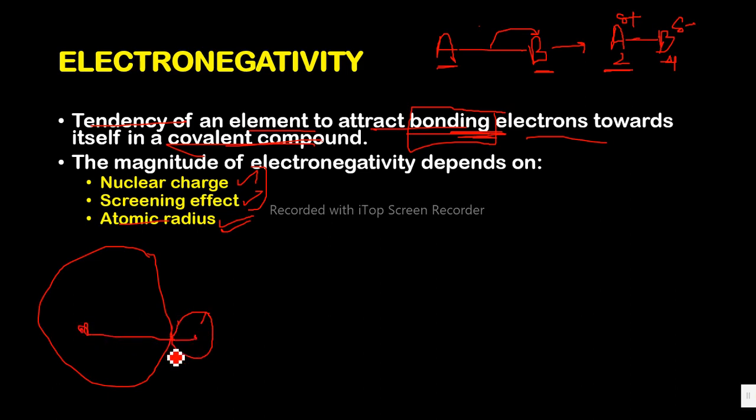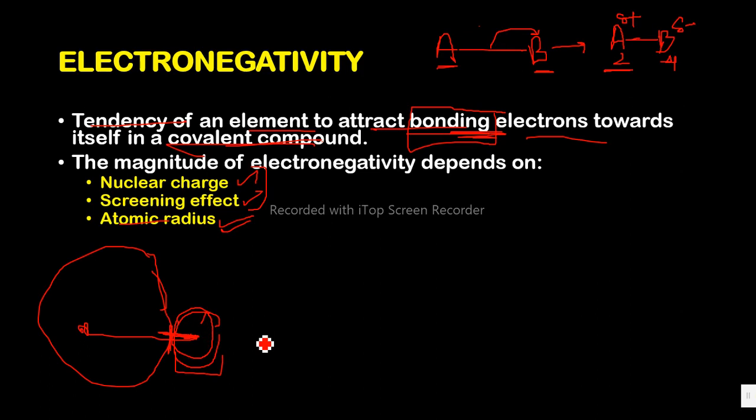If you have the two electrons within this covalent bond, to which atom will the electrons be more attracted? Obviously the smaller atom. So it is this one that will be more electronegative, and this one will be less electronegative. And so this one will try to attract the bonding electrons more to itself. Is that okay?